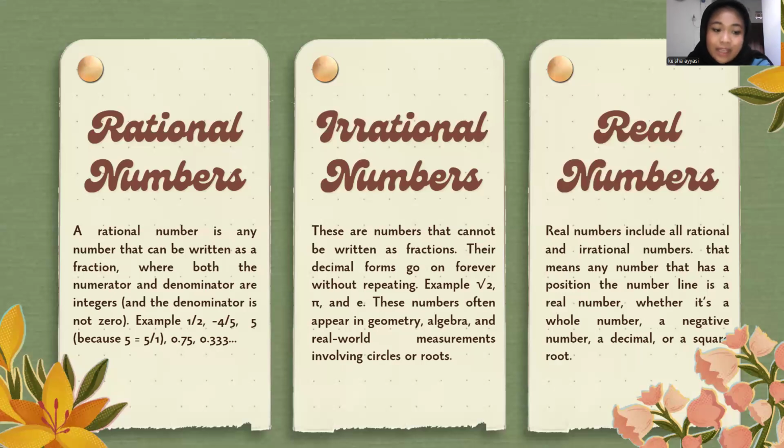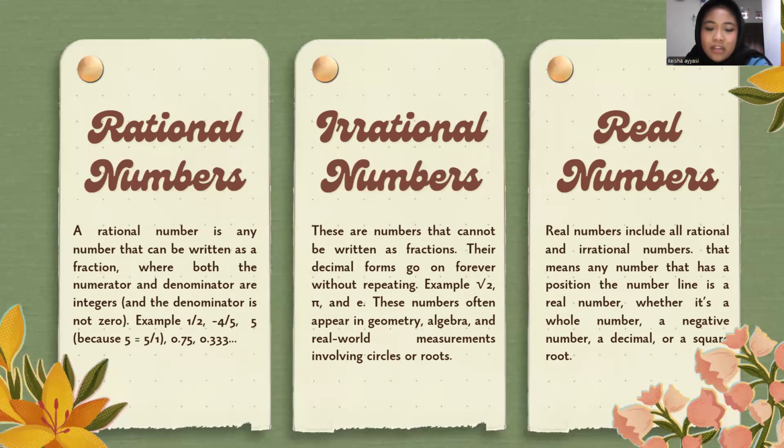I know 5 is a whole number, but since 5 is equal to 5/1, it is included in rational numbers. And then 0.75, 0.333, and so on. Basically, if the decimal ends or repeats, it's rational.